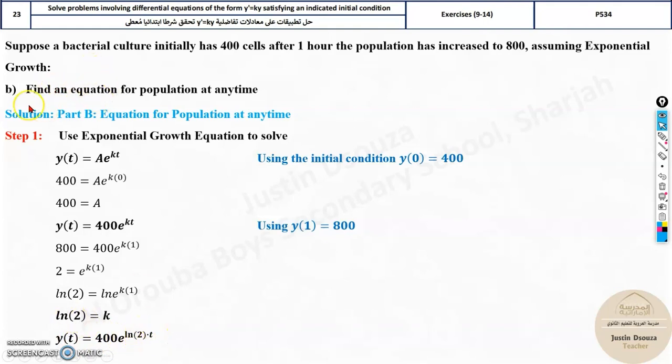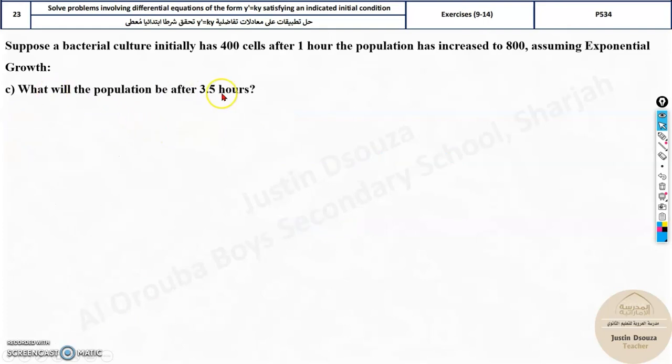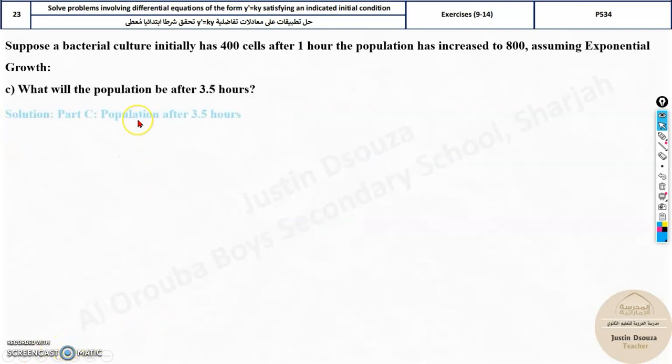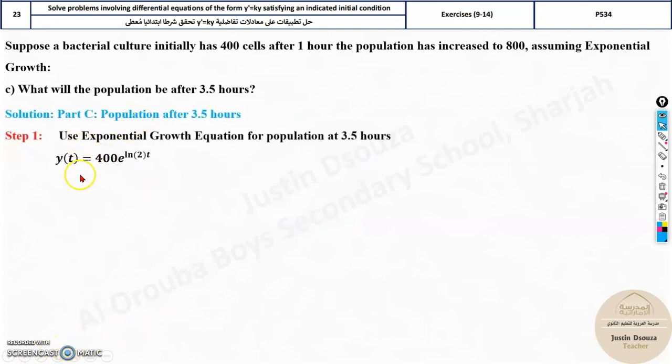That's the second part. And now the last one: what will be the population after 3.5 hours? All you need to do is put 3.5 hours into the equation we just solved for, substituting 3.5 hours instead of time, and then you will get around 4,525 cells.